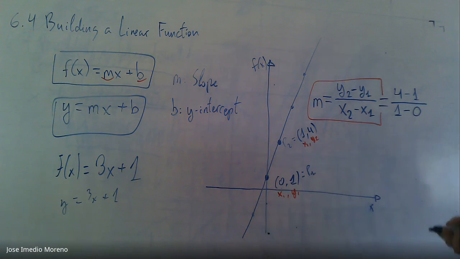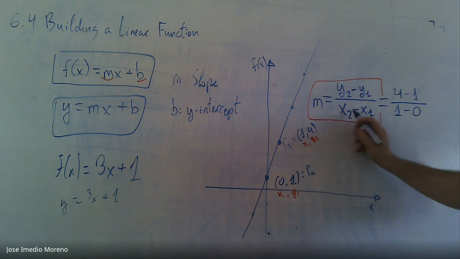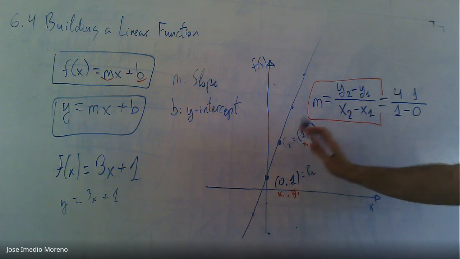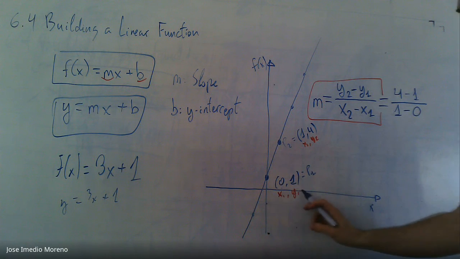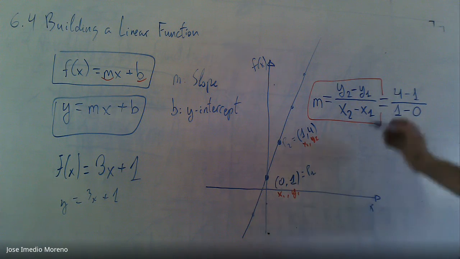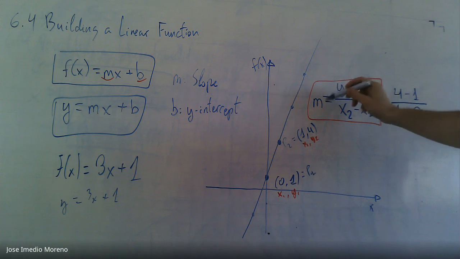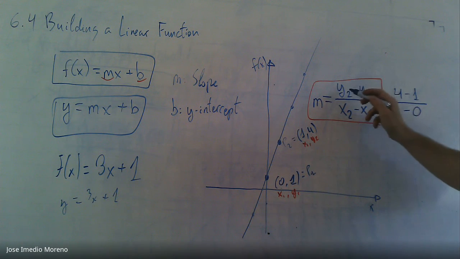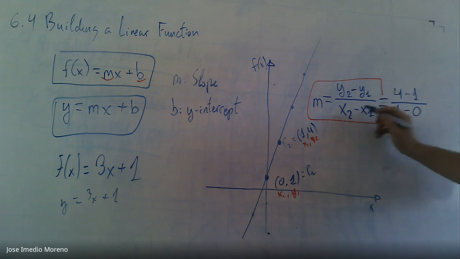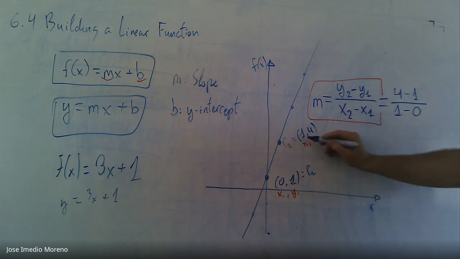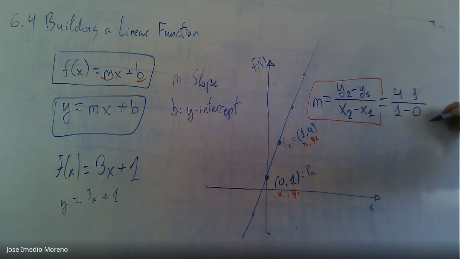Once again, y2 and x2 are the coordinates for the second point, the one on the right. y1 and x1 are the coordinates for the first point, the one on the left. So to find the slope, I do y2 minus y1, 4 minus 1, and x2 minus x1, 1 minus 0, and I divide them.